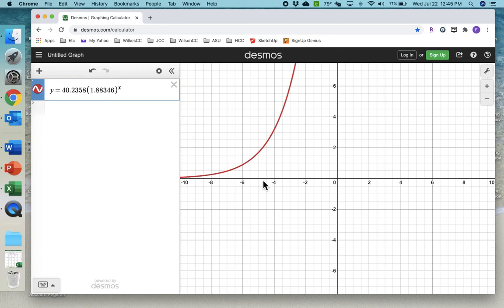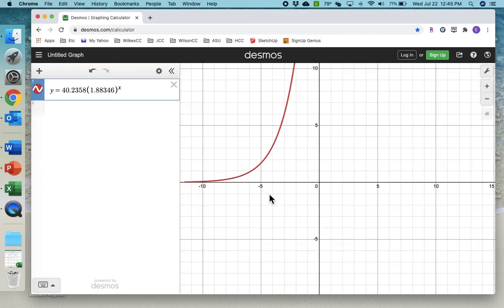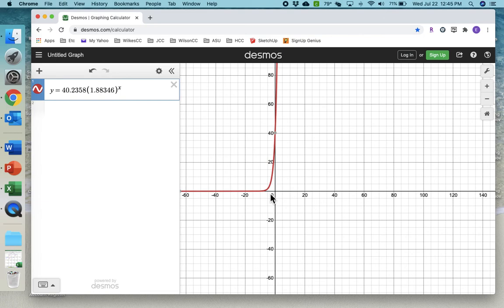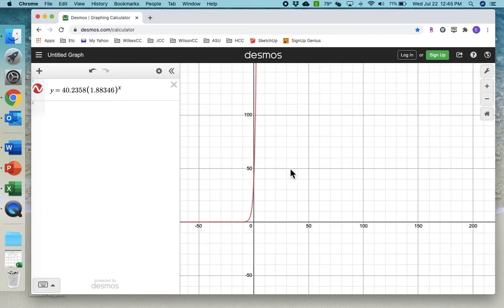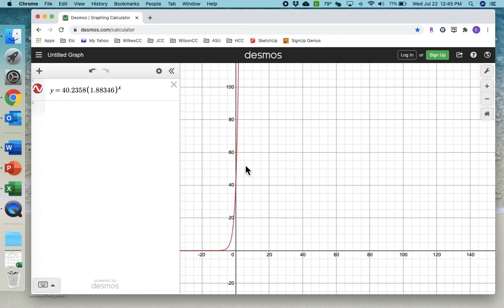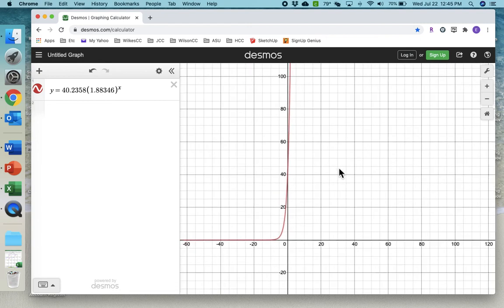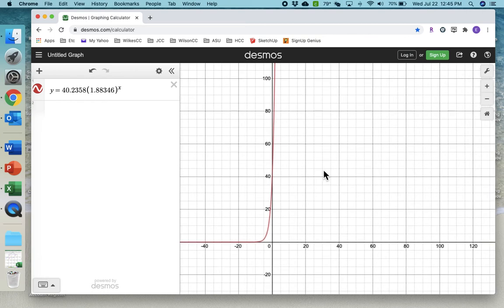But it said that 1 was 55, so we're looking at it really small there. If we go up, you can see where 1 would be about 55 there, and it crosses the y-axis somewhere along in here at 40.2358, in fact. But let's change our window so we can get a better picture of this.